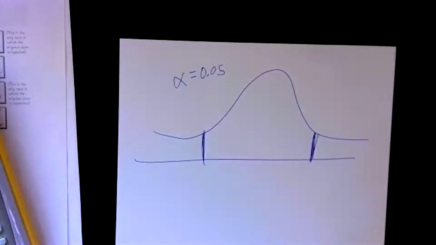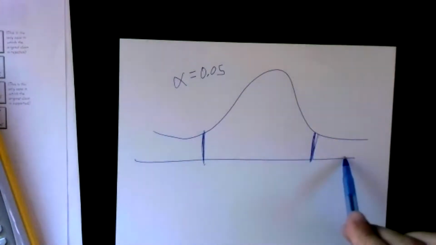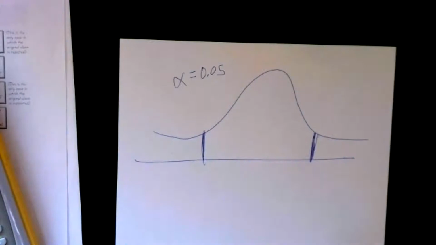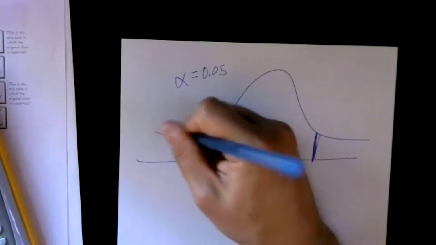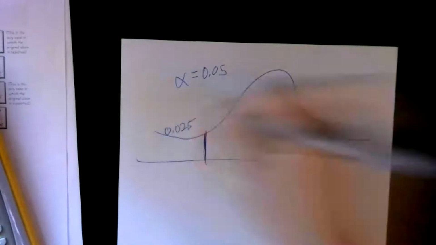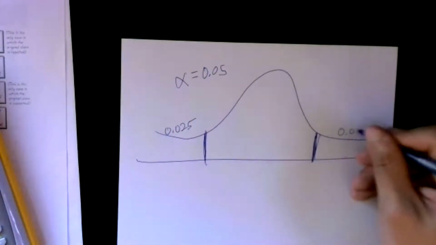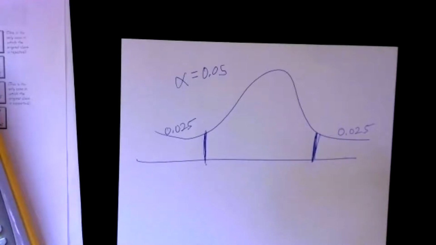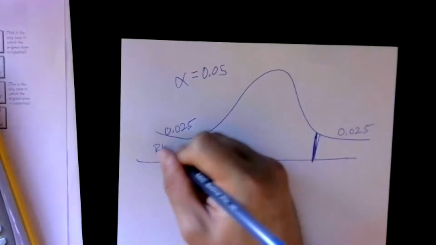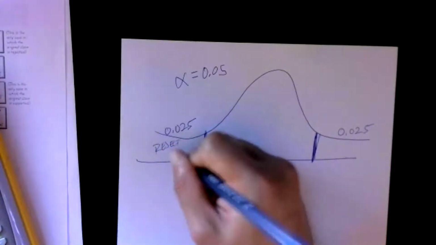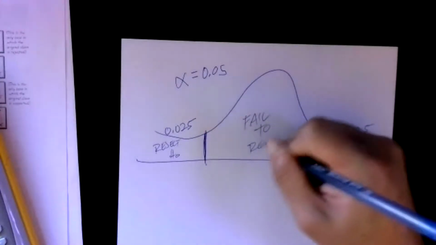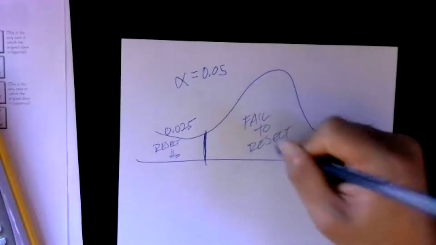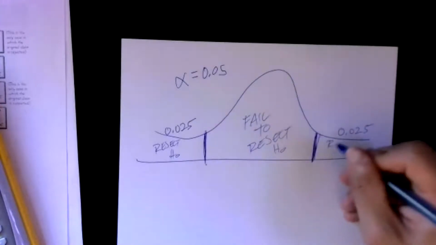Now here we have to be careful. It's not 0.05 on the left and 0.05 on the right. We have to split it 2 ways. So if we divide by 2, the area over here is 0.025, and the area over here is 0.025. Which means this is the rejection region, the middle is fail to reject, and reject again here on the right.